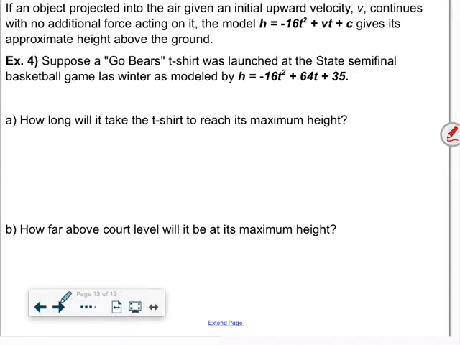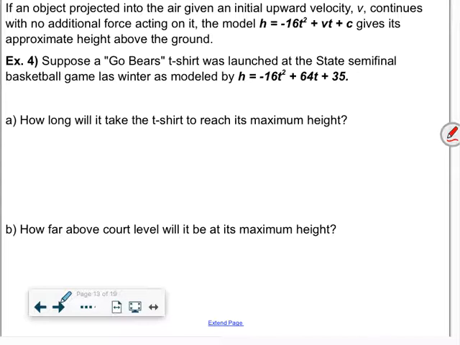So, on the next slide, it says if an object is projected into the air, given an initial upward velocity v, and continues with no additional force acting on it, h equals negative 16t squared plus vt plus c gives the approximate height above the ground.